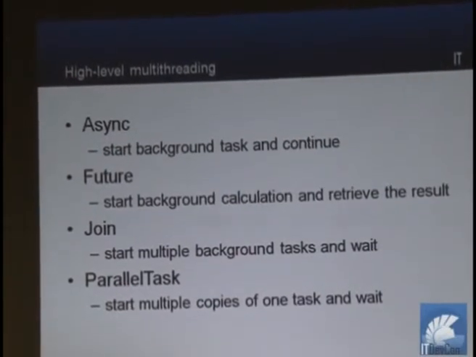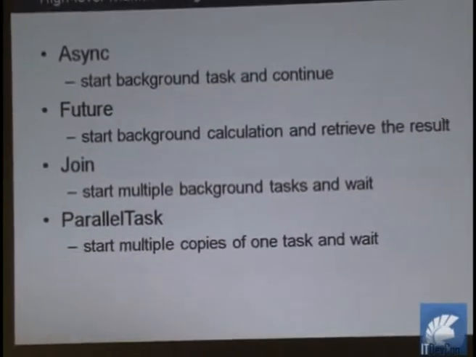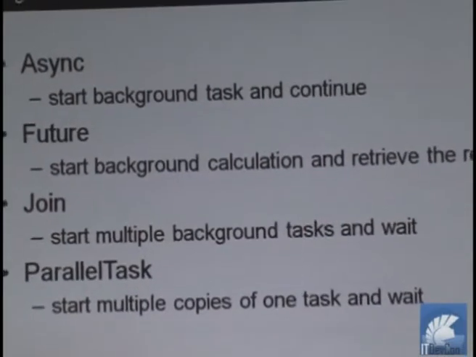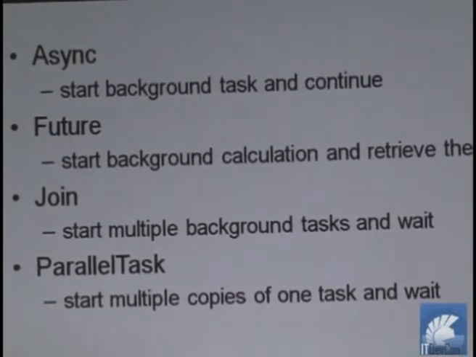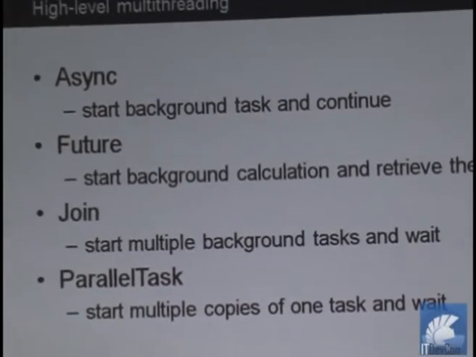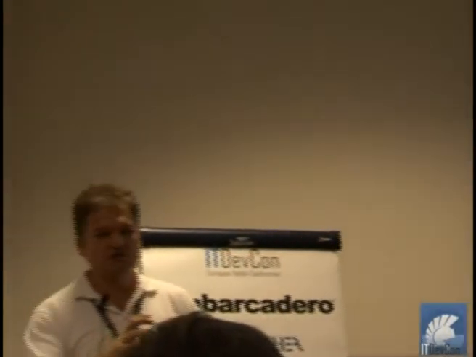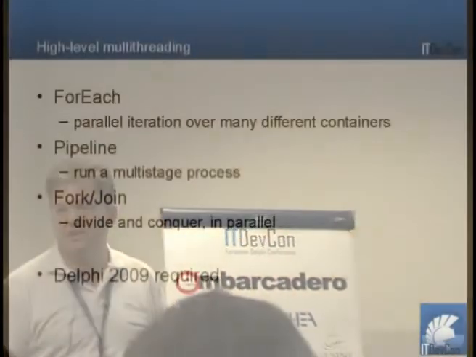Parallel task is, again, similar to those, to join and async. It works on multiple cores, but it executes only single tasks. So you say, I have this piece of code, run it in parallel on as many processors as possible. Then for each is the parallel for.